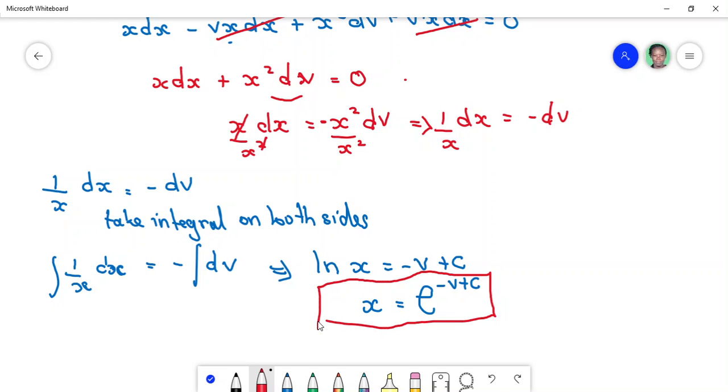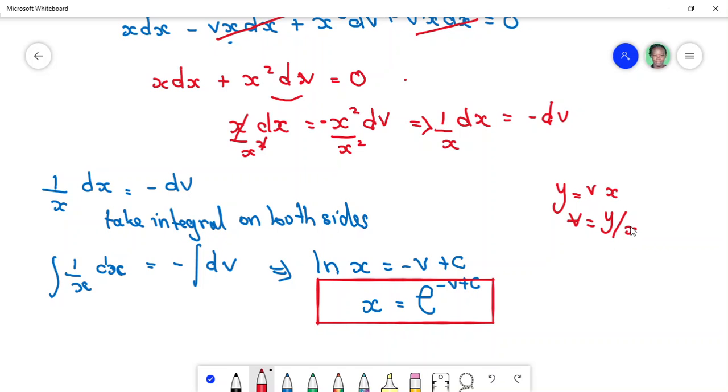So this is our solution, but we know that y is equal to vx, so v is going to be equal to y over x.